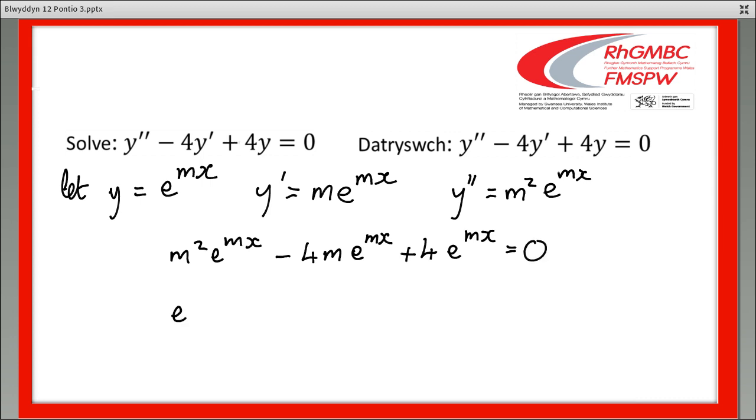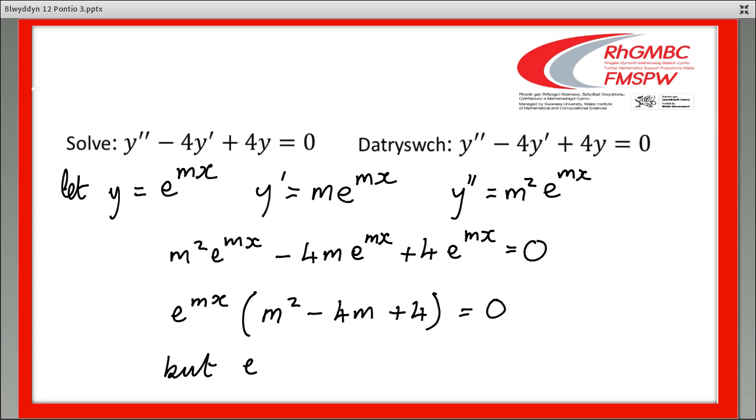Take out the common factor of e to the mx, brackets, m squared minus 4m plus 4 equals 0. But e to the mx does not equal 0.